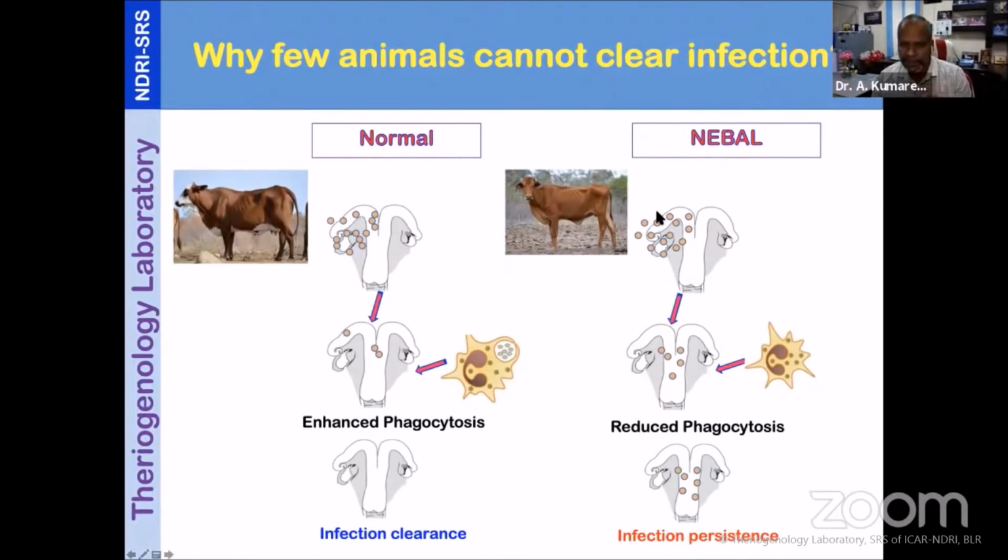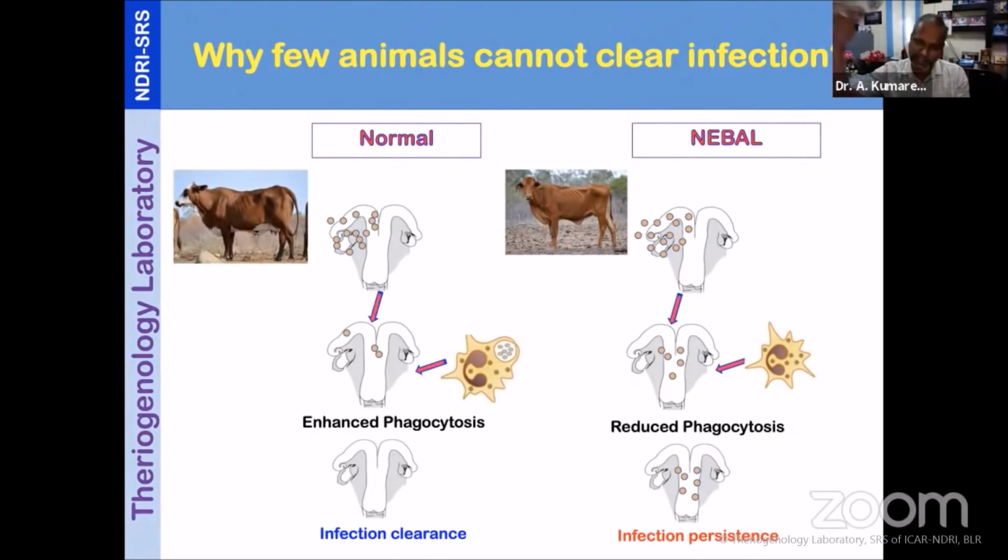Once negative energy balance occurs in a particular animal, the concentration of NEFA, non-esterified fatty acids, and beta hydroxybutyric acid, the ketone bodies, are elevated in that animal. And these molecules directly affect the neutrophil function.